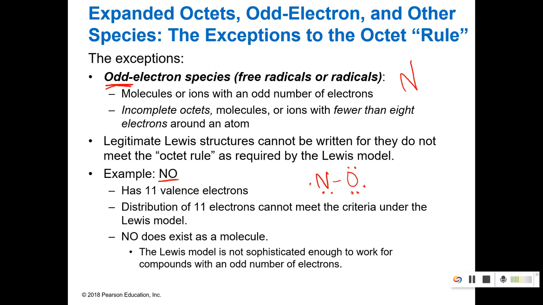Okay, that's not good. We need a double bond. Got 2, 4, 6, 8, 2, 3, 4, 5, 6, 7. Okay, so this would be how it looks. Again, the only time you're going to encounter this is with nitrogen having the extra dot. Please do not put the extra dot on anything else. The reason nitrogen is okay with it is because it's used to having 5 valence electrons.